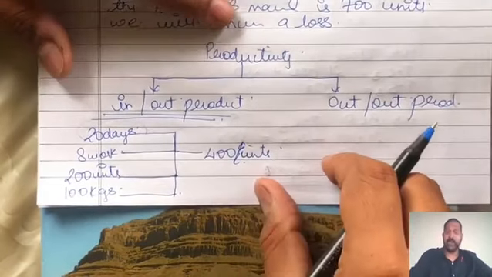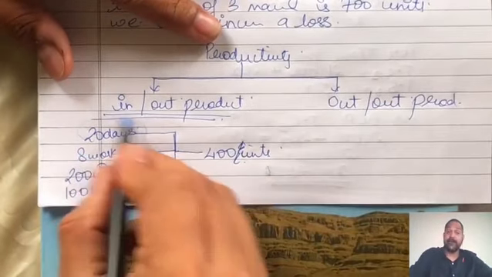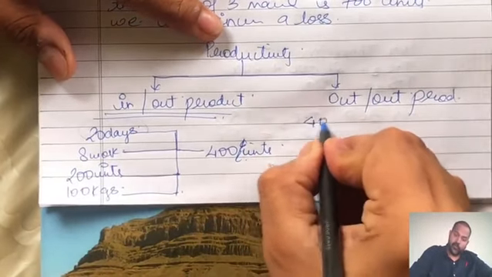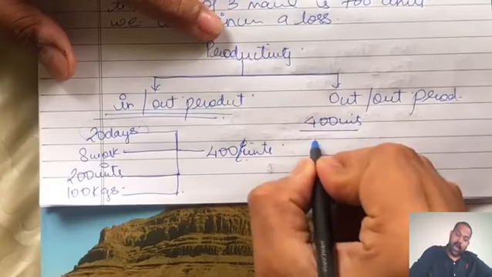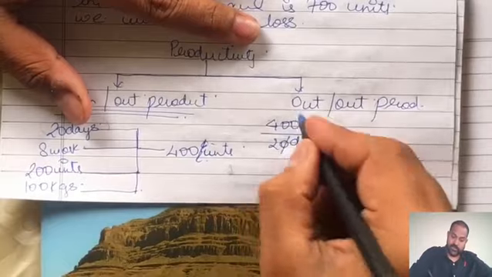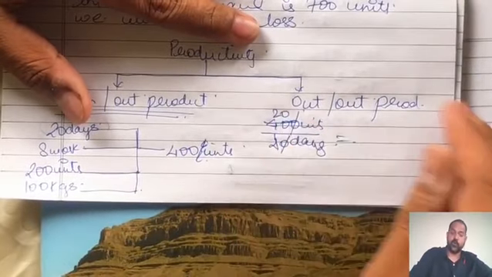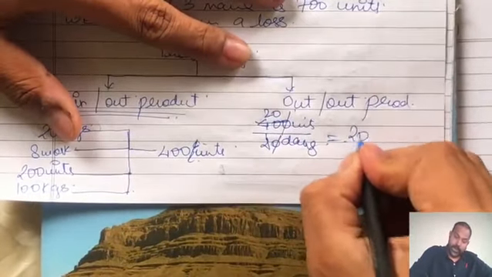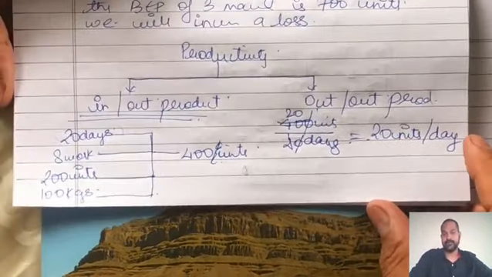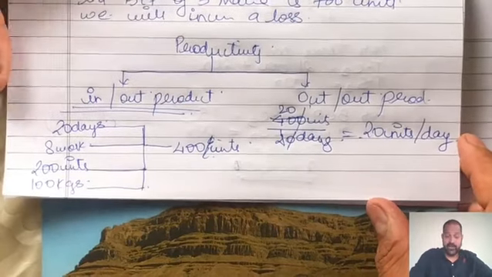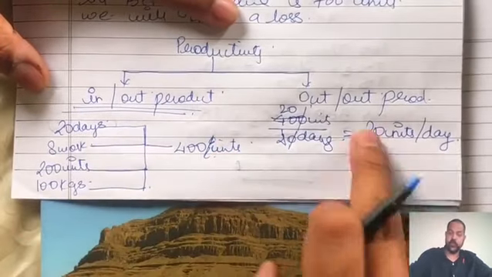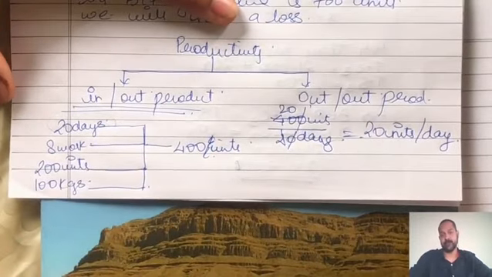Then can I say, if you ask me the daily productivity or a per day productivity, it will be 400 units out of 20 days, which means it is 0, 0 cancels, 2 2s are 4, 2 zeros are, is 20 units per day. So, productivity in terms of output per day is 20 units per day.